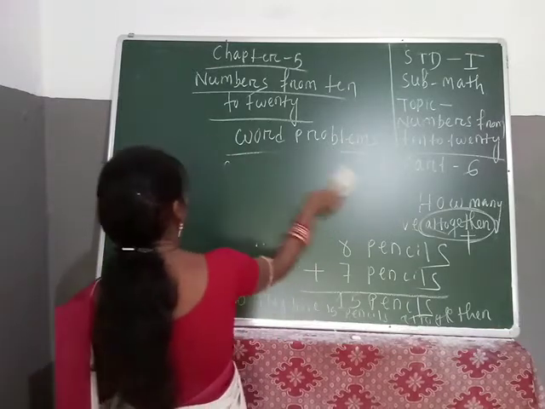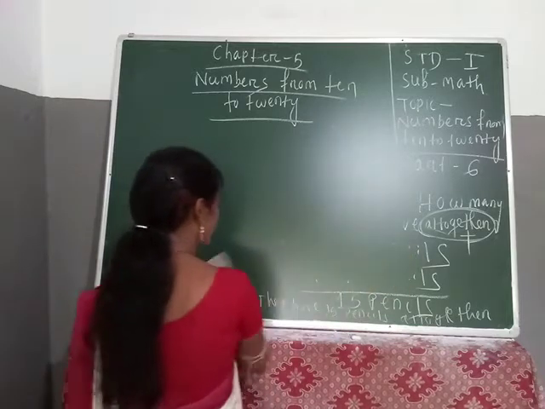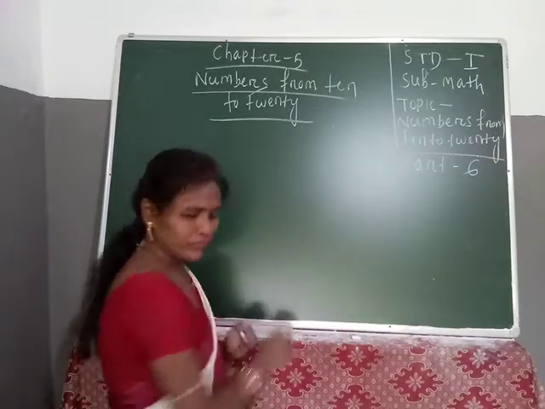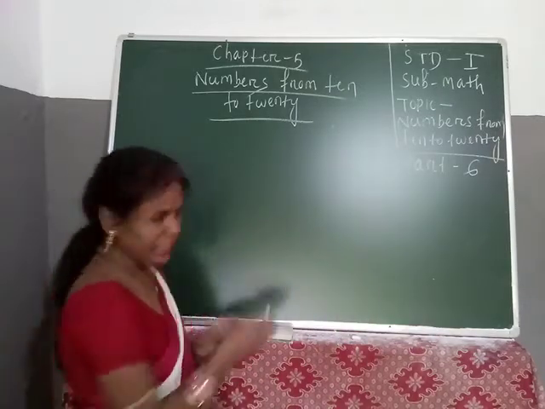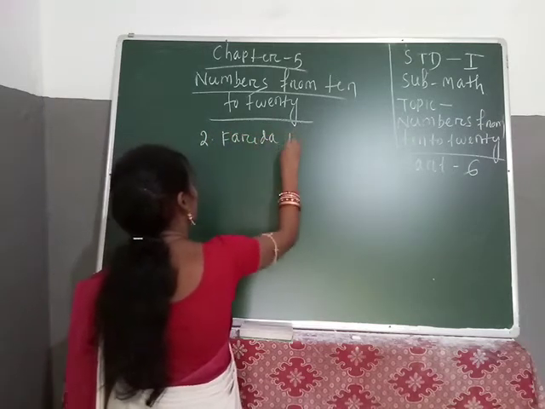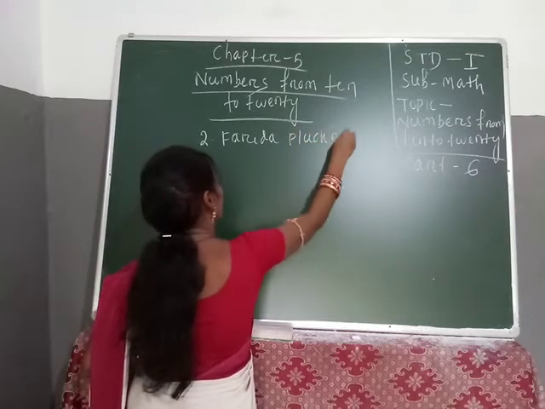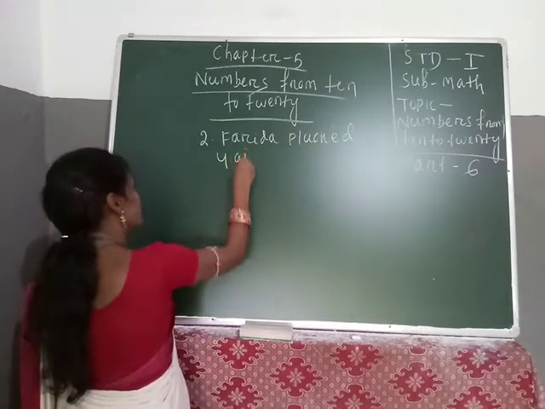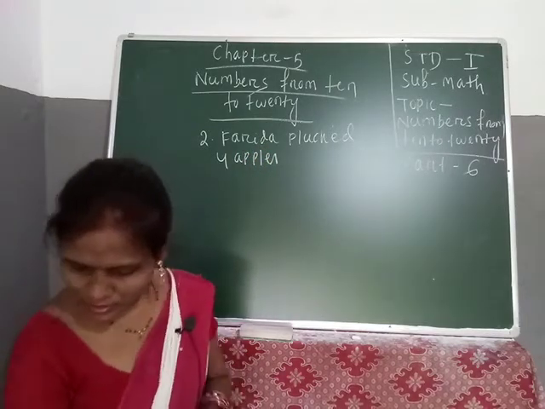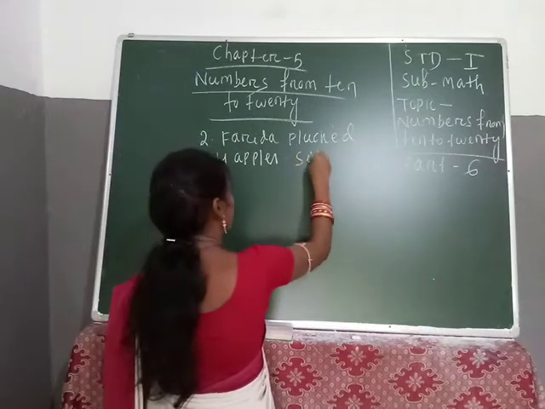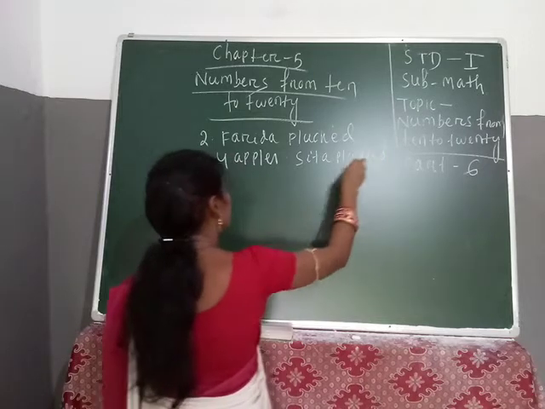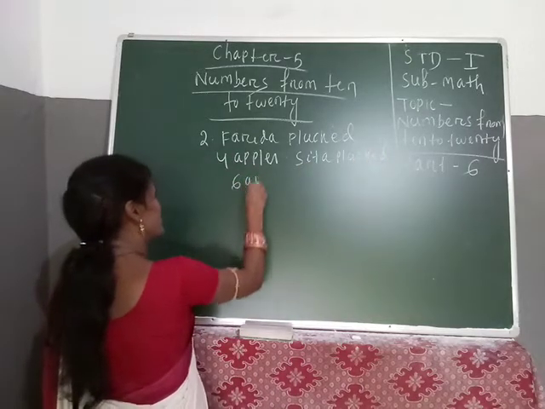Now we will move to our next word problem. Let us see. I am just writing the question. It will be easy for you. Now see. Farida plucked 4 apples. Next, Sita plucked 6 apples. Plucked means when you take the apples from the tree.